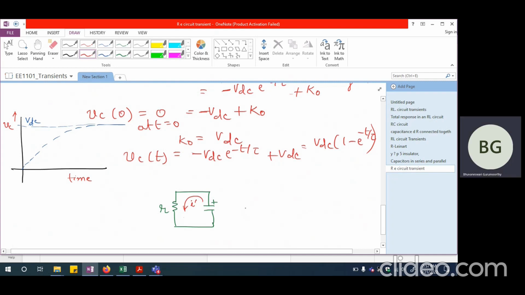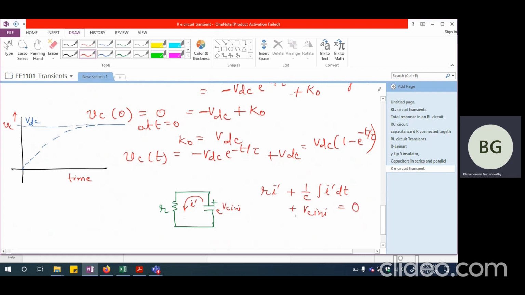Okay. Now I have to write this equation again. This is initial voltage. Let me call it VC initial, whatever is the initial voltage. So I'm going to write this as R I dash plus 1 by C integral I dash dt plus whatever is the initial voltage, that is going to be equal to 0.